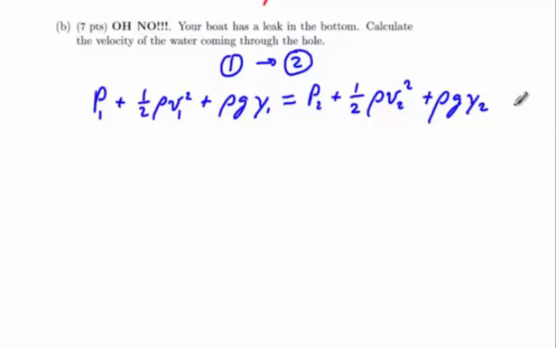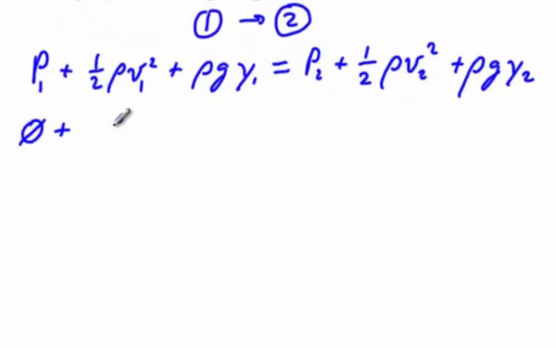This problem will be simplest in gauge pressures because both location 1 and location 2 are places where the water touches air and therefore has the same pressure as air, which will be a gauge pressure of 0. Location 1 is the surface of the body of water, and this does not have a significant velocity, so we will neglect the kinetic energy term.